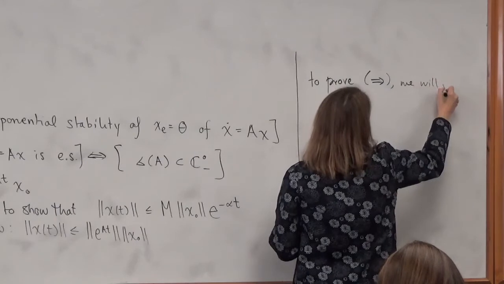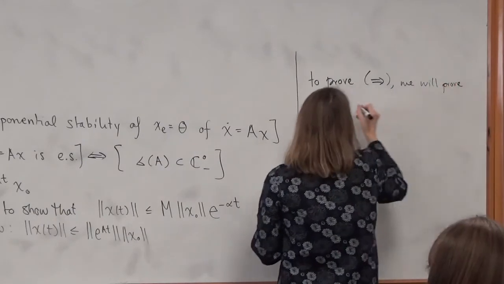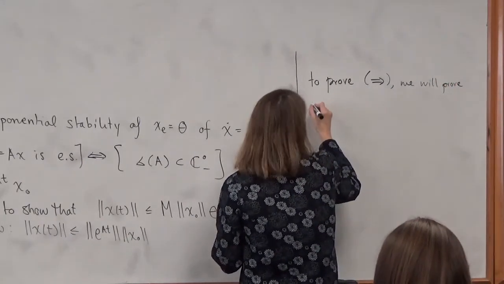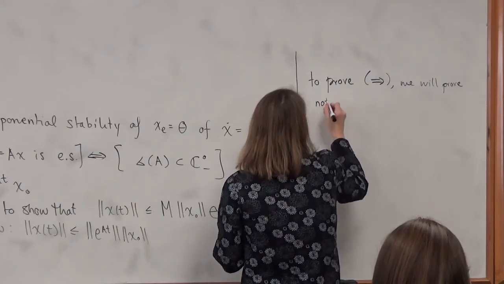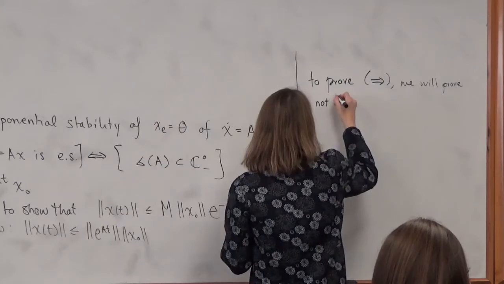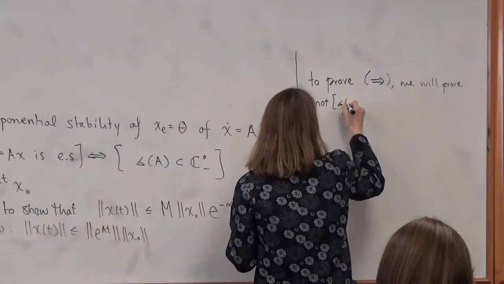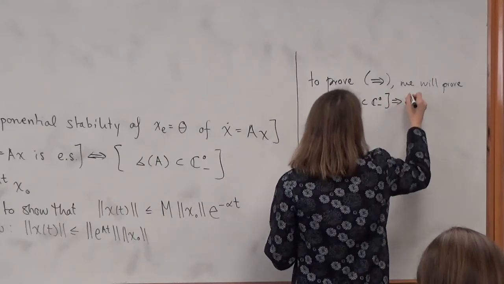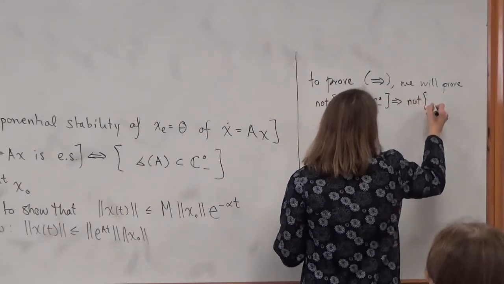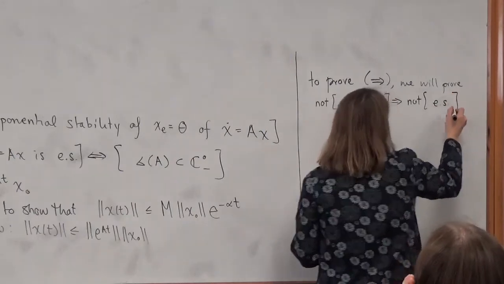We'll do contrapositive. So we'll prove that the spectrum not being in the open left half plane implies that the system is not exponentially stable.